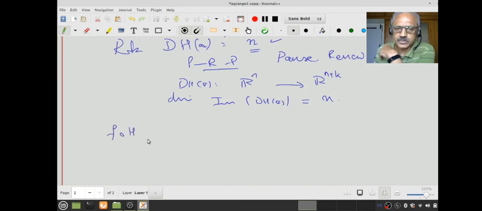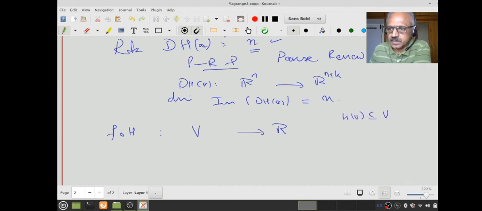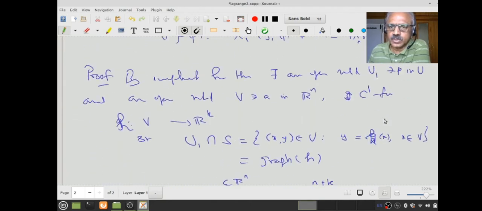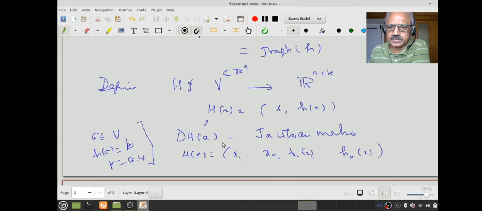What is f composite h? Okay, now h, remember this is a function from b to Rn plus k now, right? So I can as well assume, by shrinking the domains etc., that my h of b lies in u1. Okay, what is u1? u1 is the one which says that this happens, right?